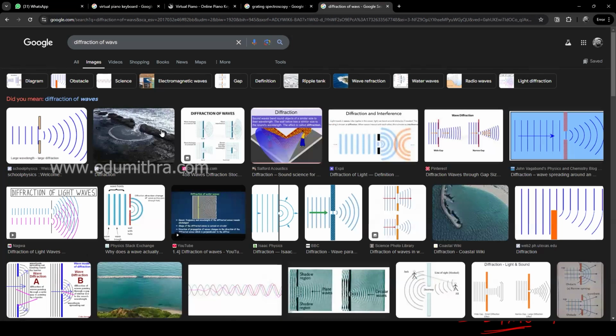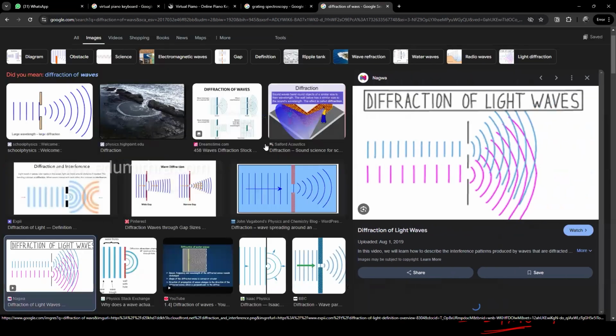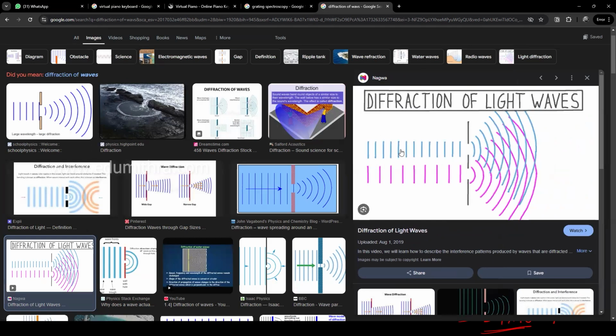So you can see that two sets of waves are coming from here. Imagine this as not light, just some waves in a water tank or something. There are two blocks, and the waves come through these two slits. These lines are the peaks of the wave.